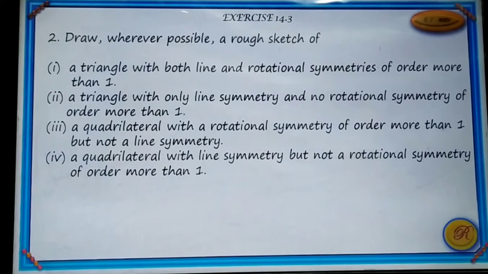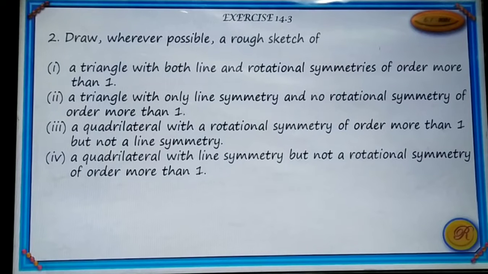Second question. Draw wherever possible a rough sketch of number 1. A triangle with both line and rotational symmetries of order more than 1. Second one, a triangle with only line of symmetry and no rotational symmetry of order more than 1.